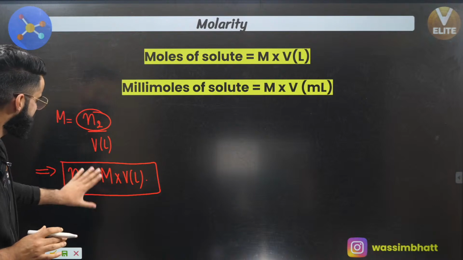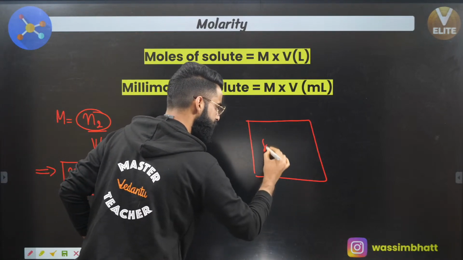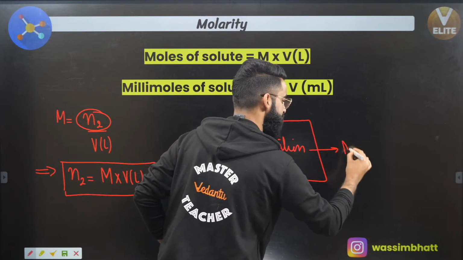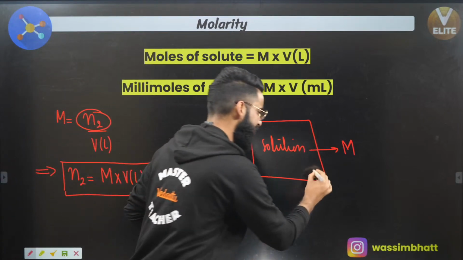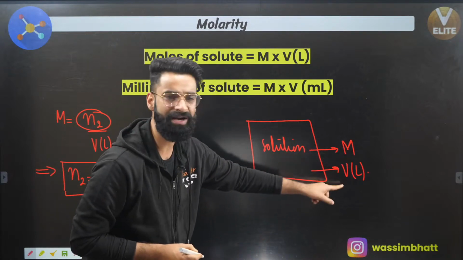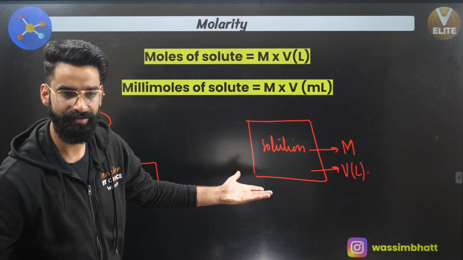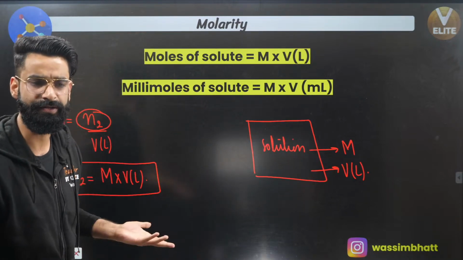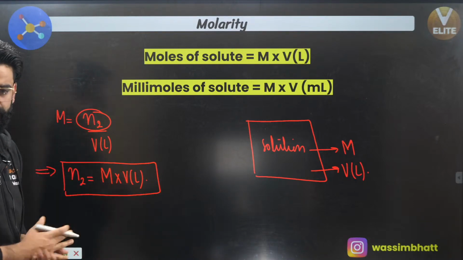If I have a solution whose molarity is M, and let's assume its volume is V liters, and I simply multiply these two terms, I'll get the number of moles of solute, as simple as that.